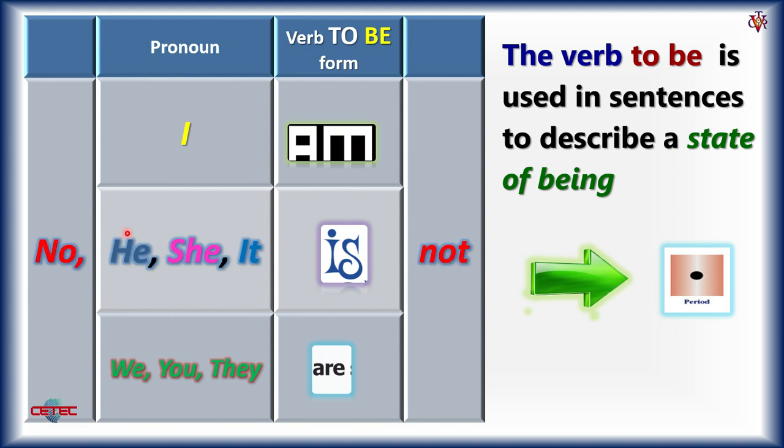No, he is not. No, she is not. No, it is not. No, we are not. No, you are not. No, they are not. This is a negative.